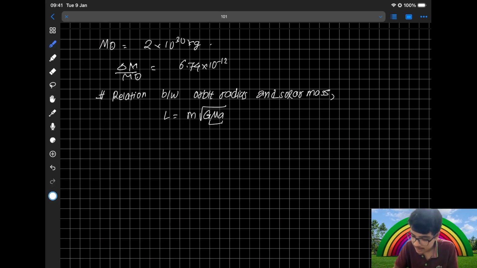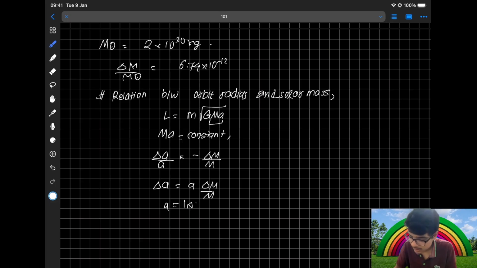We know M and a, it's a constant, so we'll have M a equals constant. We have learned this in astro class as well, and also in error calculation.